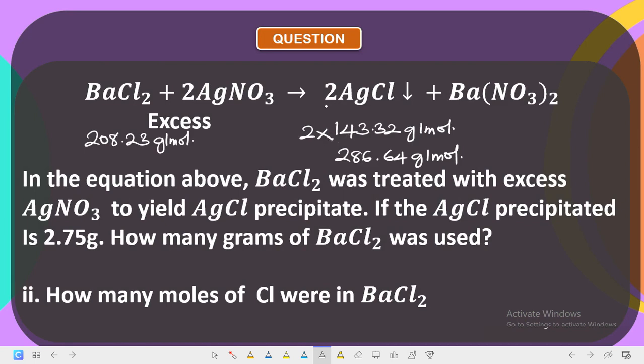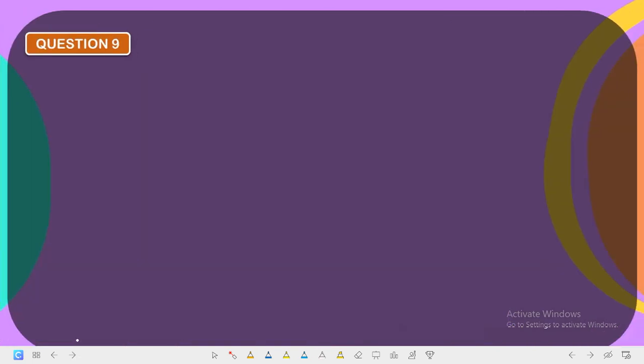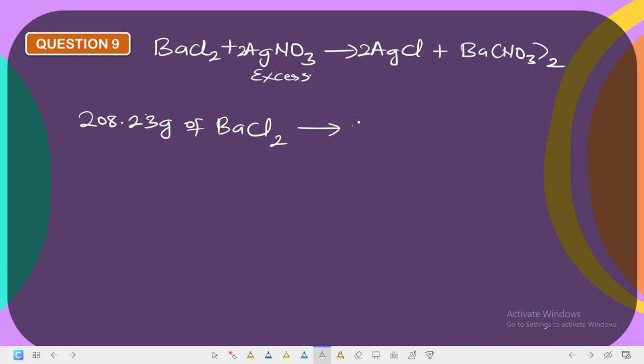The reason is because there are 2 moles here. Are we getting it now? So you must multiply it by what? 2. If not, your stoichiometry is not correct. So this one gave us 286.64. So you come here and say 208.23 gram of barium chloride, according to the equation, gave us 286.64 gram of silver chloride.